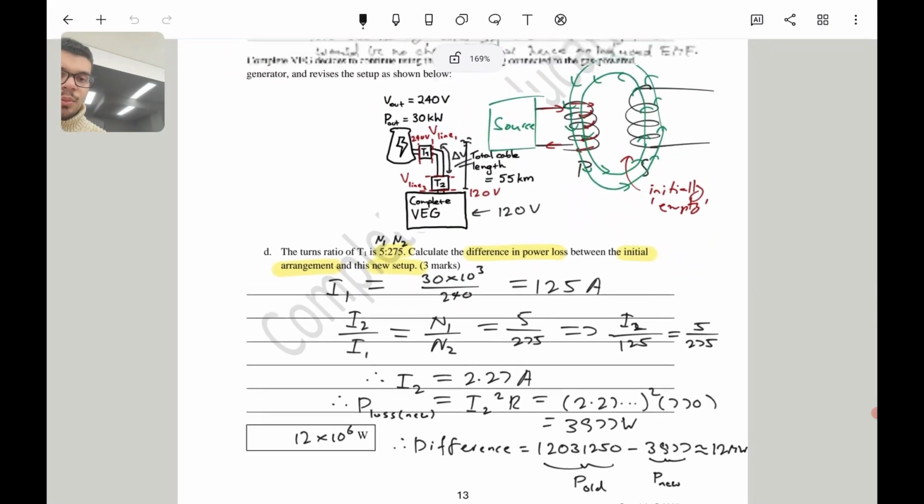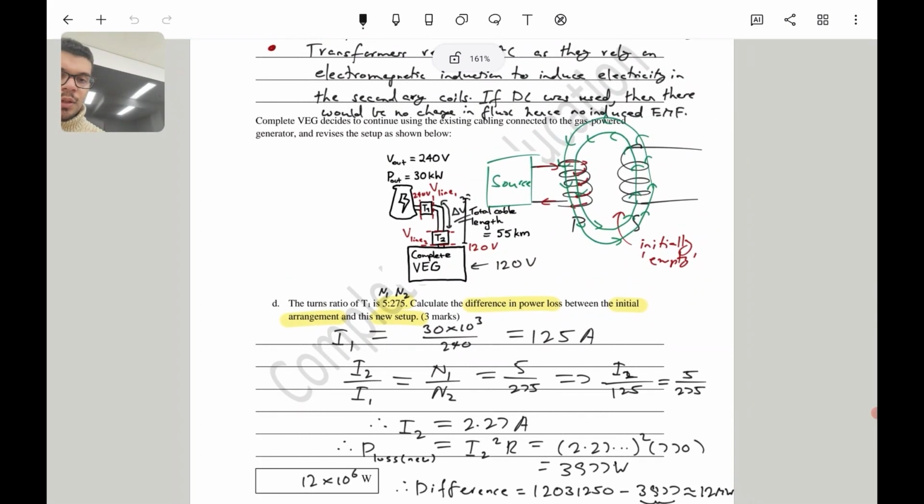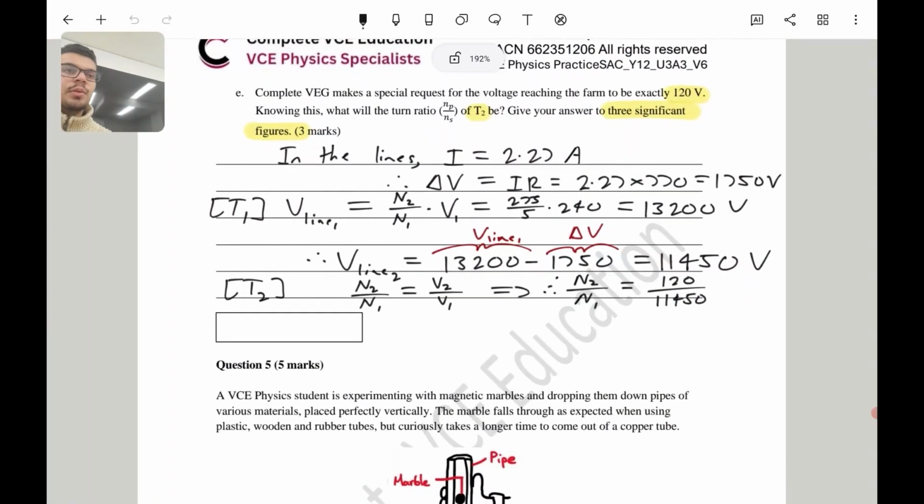So we can divide that and we will get the answer, roughly 0.0105. Perfect. However, if you notice here, they're actually looking for the ratio of the number of turns of wire of the primary against the secondary.